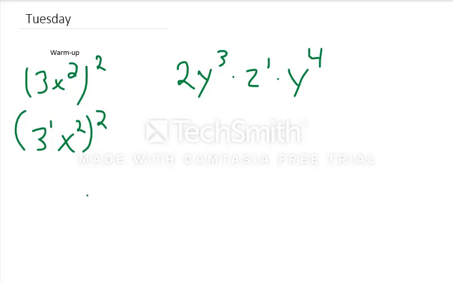Now, when we have a power to a power, we have to bring that second power through to both of these. And we do that by multiplying the exponents. So it's 3 to the 1 times 2, and x to the 2 times 2, which ends up giving us 3 squared times x to the fourth power.